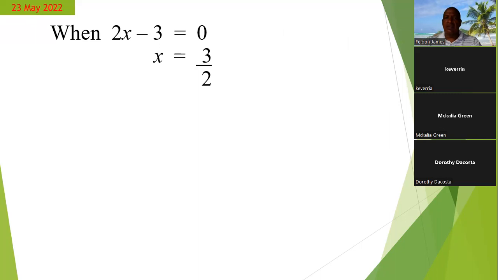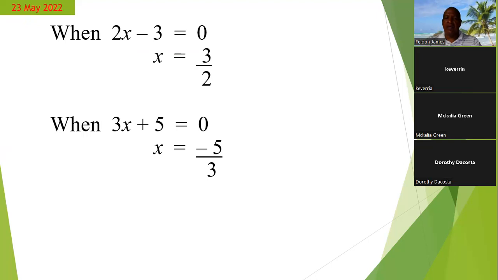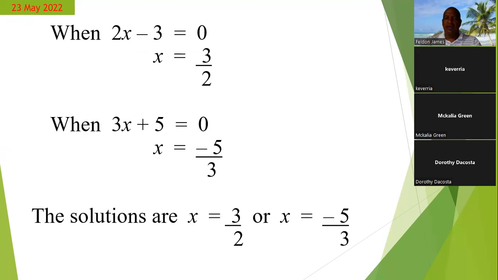So x would equal 3 over 2. When 3x plus 5 equals 0, you solve again. x is equal to minus 5 over 3. And those now will give you your solution: x equal to 3 over 2 or x is equal to minus 5 over 3. All right. So that's how we solve when we are factorizing. All right, let us see if we have any more.